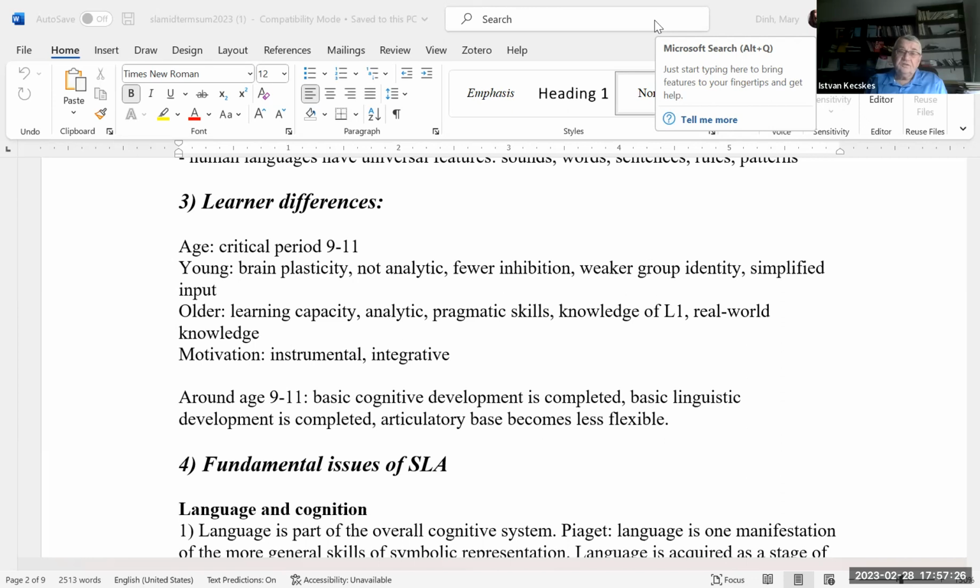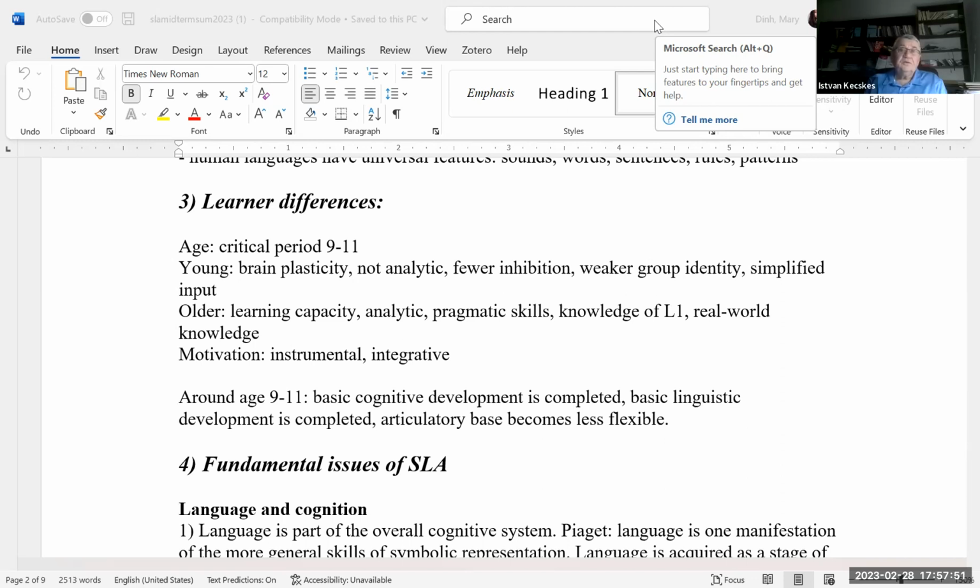And the other thing is the articulation. So your articulatory base becomes stiffer around the age of 9 or 10. So after that, it's very difficult to develop new sounds. So if you start to learn a language later, then you will certainly develop a strong accent.